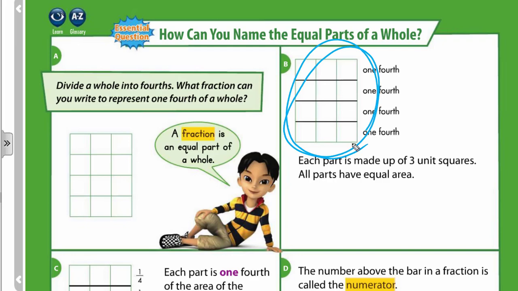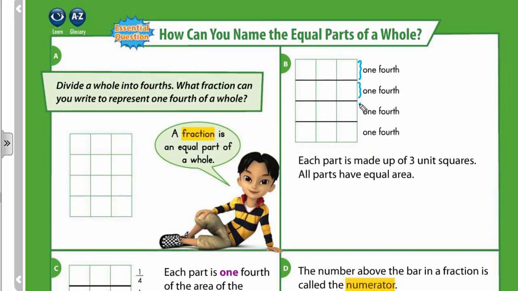Now I will move to the next page. Without moving, I will repeat the question. How can you explain why these four parts are equal? Why? This is the question.